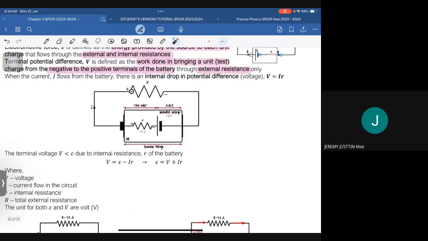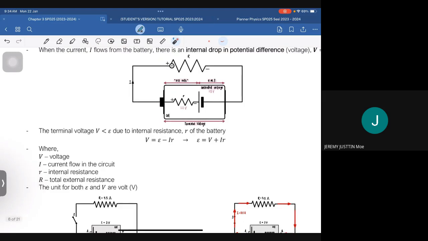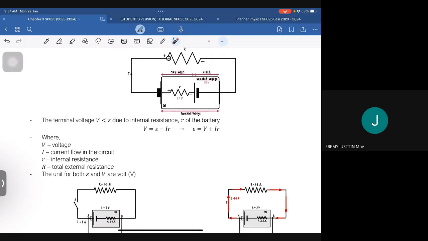Right, so kalau kamu tengok di sini, terminal voltage ni, dia after dia keluar dari battery. Okay, EMF ni pula, they consider the whole supply. Okay, so that's why kalau kamu tengok EMF ni, dia akan lagi besar dari V. Sebab EMF ni is the battery, the whole battery. Dia supply berapa banyak. Then they consider juga internal resistance tu.